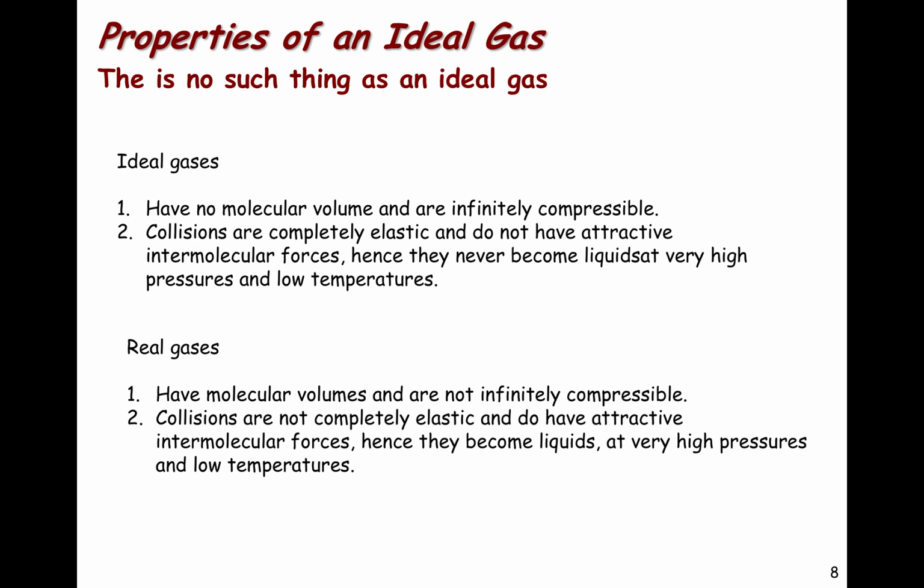And likewise, the collisions for an ideal gas are always elastic, so we always have these molecules bouncing off one another, and therefore they never become liquids or solids at very high pressures and low temperatures.